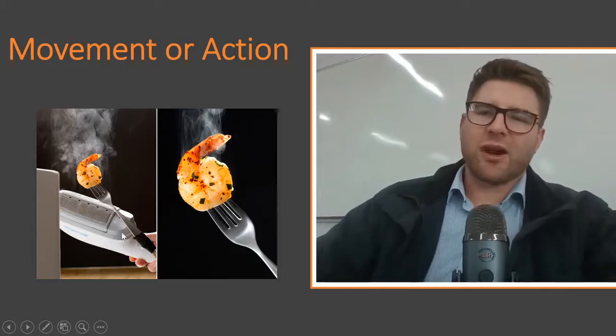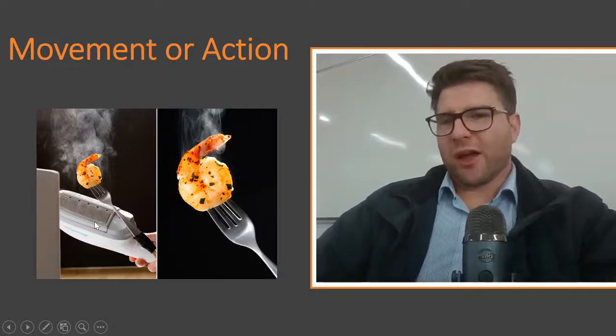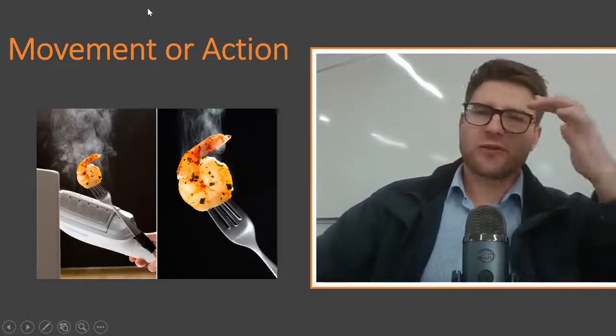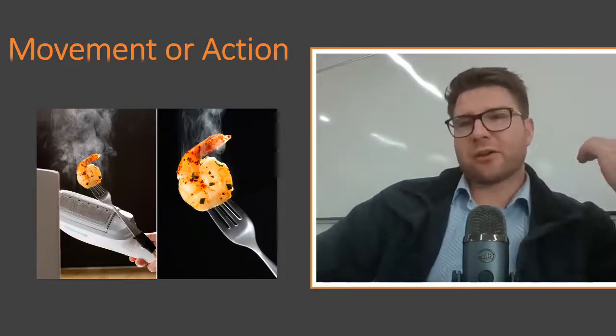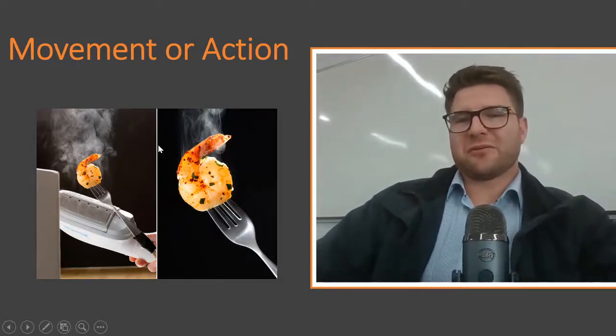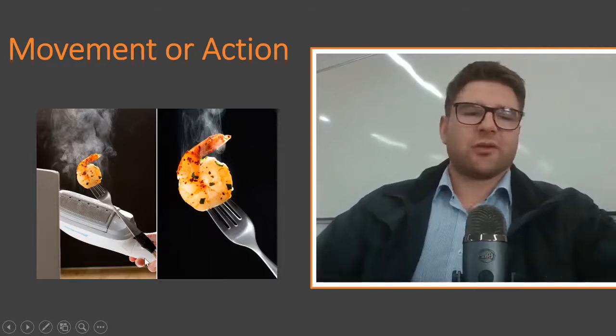So there are ways of being creative and clever, like using an iron or something to shoot the steam up. Food photography isn't always just about taking photos of food. It's also about being creative and clever in finding alternate ways to create these effects that you want to create. That's a good example of that there.